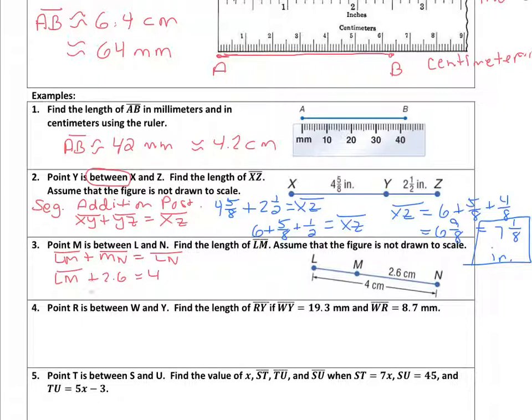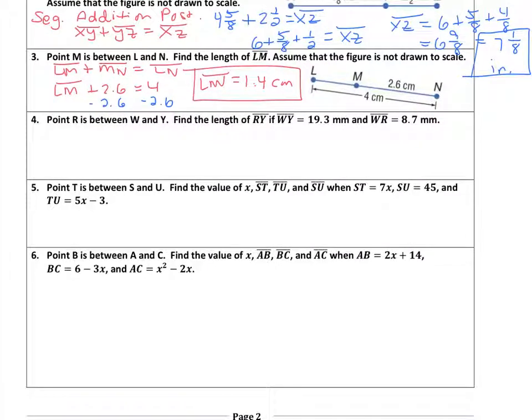We might as well do that out. I will not be showing these steps always, however, and LM equals 4 minus 2 6/10, which would be 1 4/10, I guess, and our units are centimeters. So that's our answer. All right, moving on to example number 4.